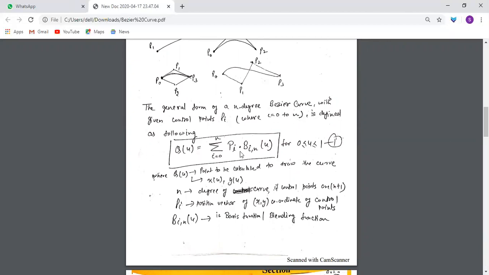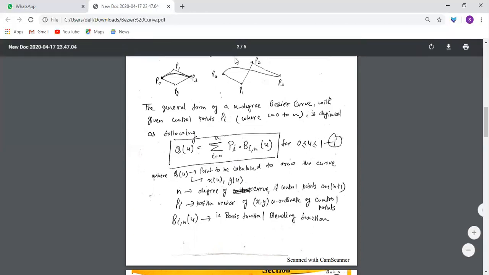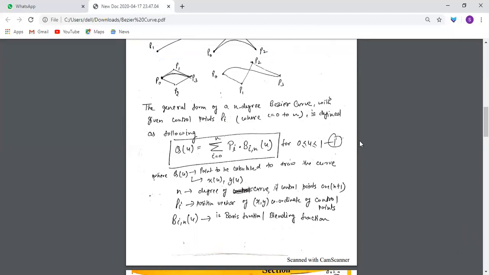It is defined as follows, and this is the equation: summation of Pi multiplied by Bin of u, for u ranging from 0 to 1. So what are these things? Basically, Q of u is the point to be calculated to draw the curve. We are given the control points, and using these control points, we have to calculate new points that will form the Bezier curve.